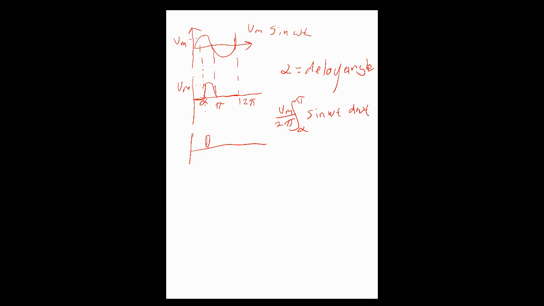And you can go through this one in a similar way. So the integral here, the Vm over 2 pi, minus cosine.